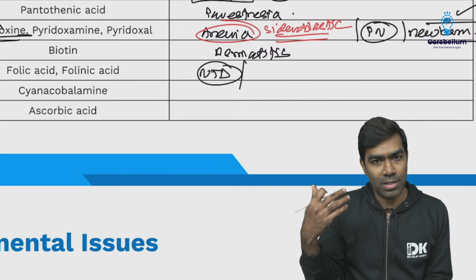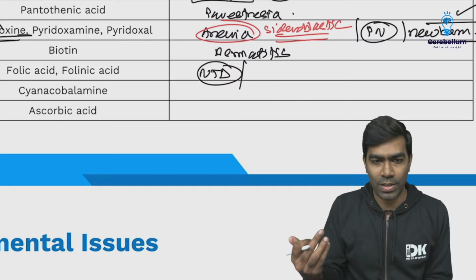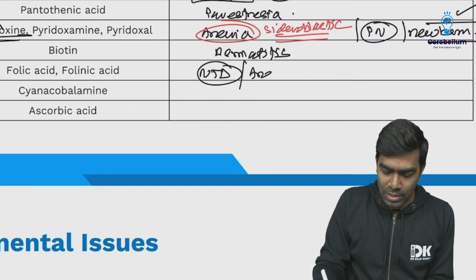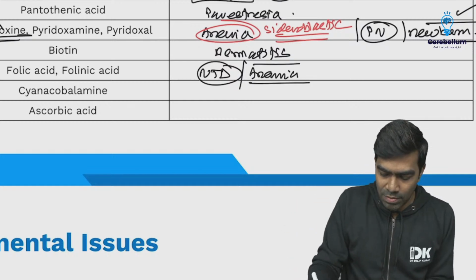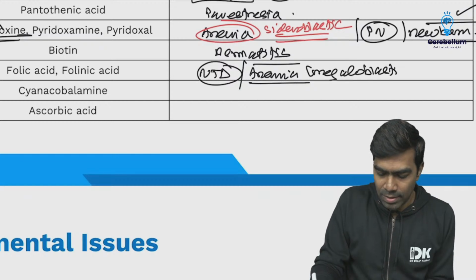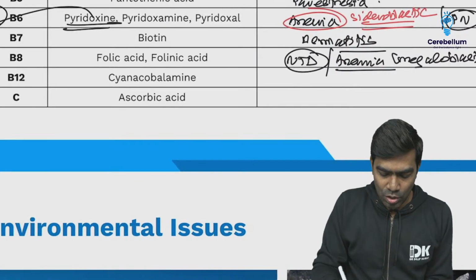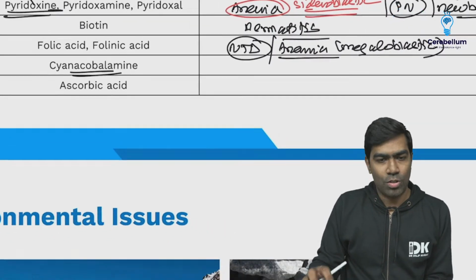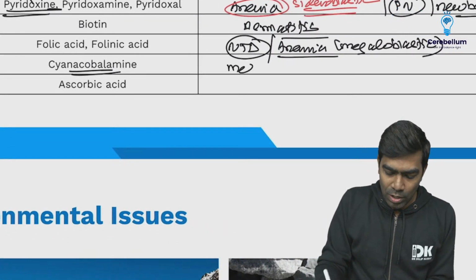Folic acid and folinic acid deficiency will produce neural tube defects. When the mother is having folic acid deficiency, neural tube defects are common, and it also produces anemia. The anemia will be megaloblastic type, not sideroblastic type. B12 is also called cyanocobalamin. B12 deficiency will produce megaloblastic anemia and, more importantly, neurological complications.